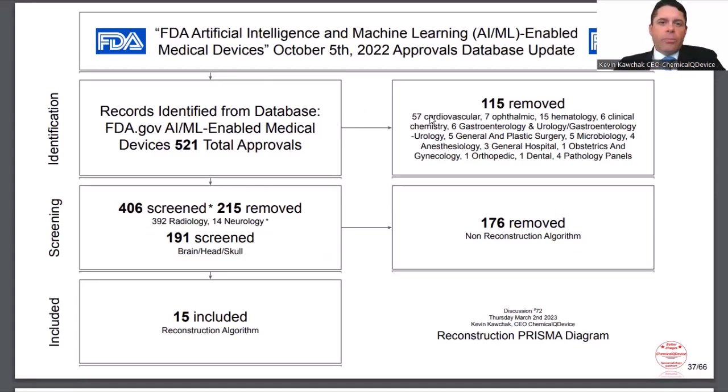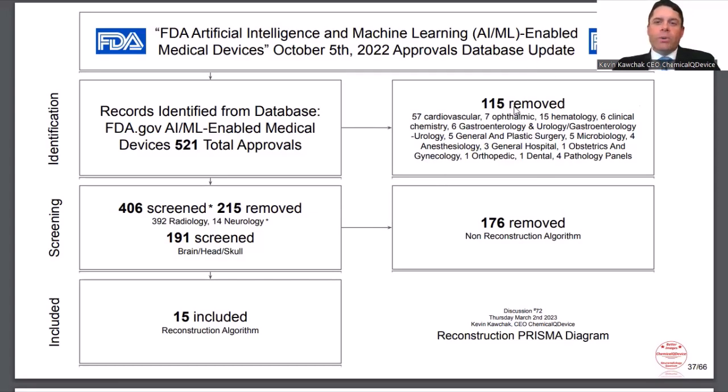Now, this is the PRISMA study that I did. So there's 521 total FDA approvals, they're AI, ML, medical device approvals since the beginning of AI and ML for FDA. Now, in recent years, it's more deep learning, which is like a deep convolutional neural net.